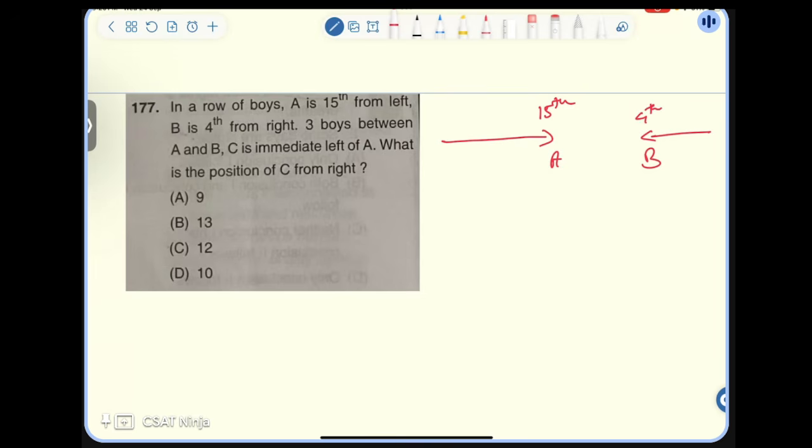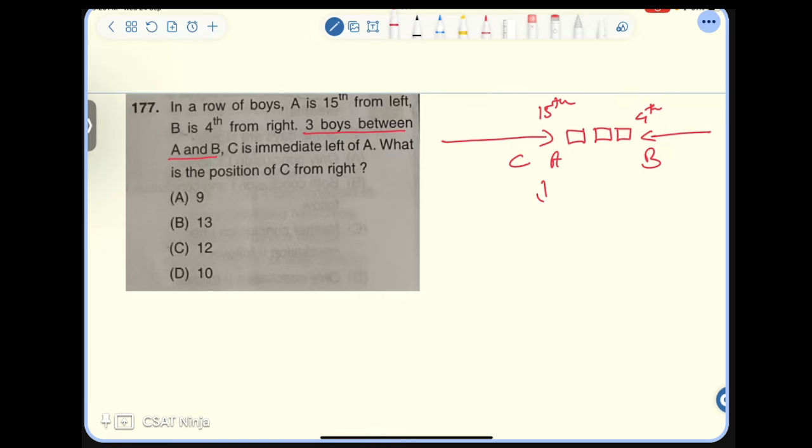C is immediate left of A. That means C is here. What is the position of C from the right? 3 people are between A and B. That means there are 3 persons here. 1, 2, and 3.